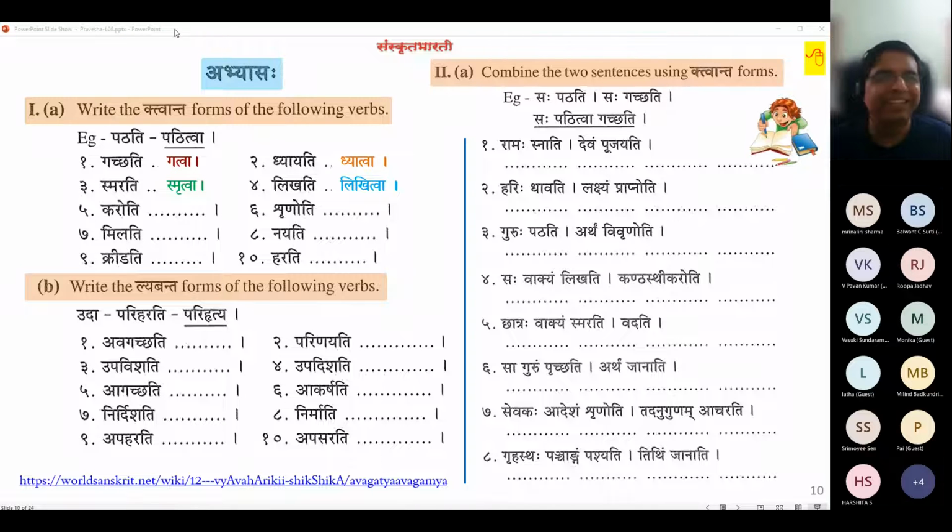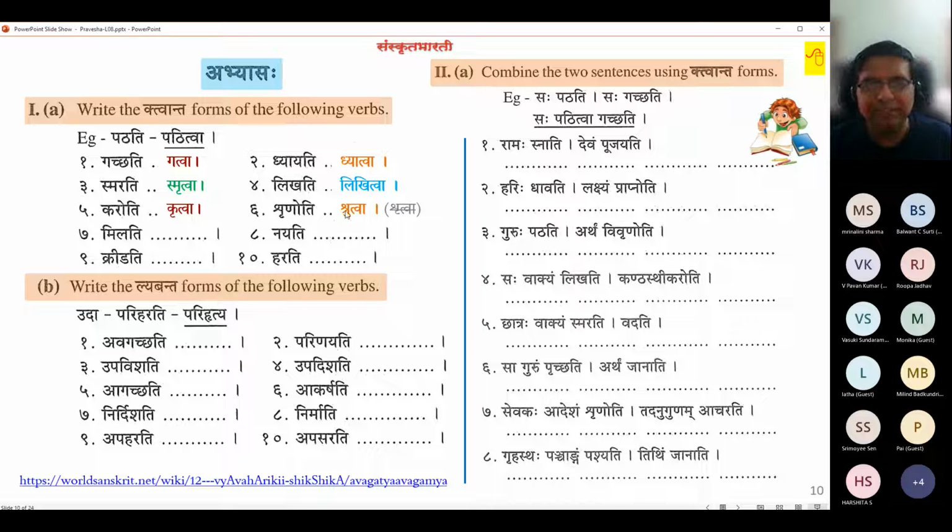Some nice entertainment from Mrinalini Variye for all of us. Karoti, kritva. Shrunoti, shrutva. So be very careful here, guys. This is a stumper. Is it sh with rtva or sh with repa u?